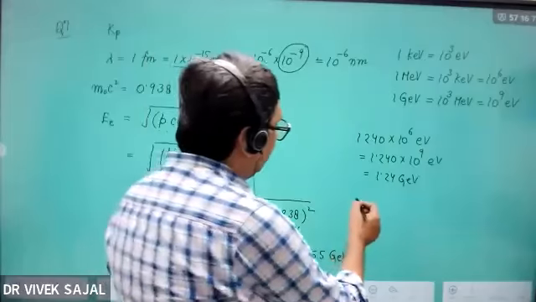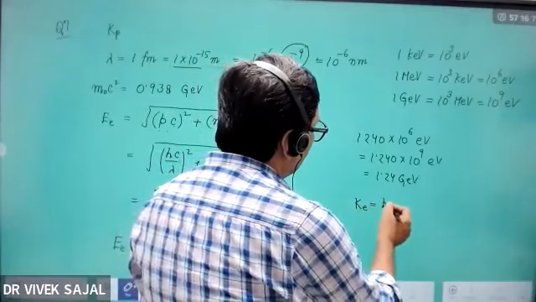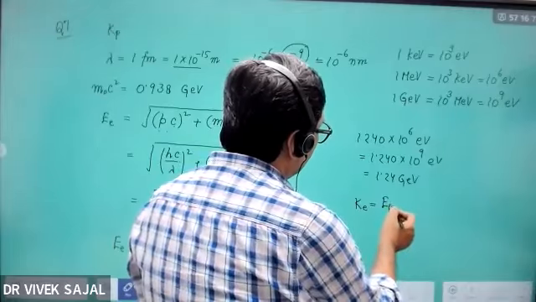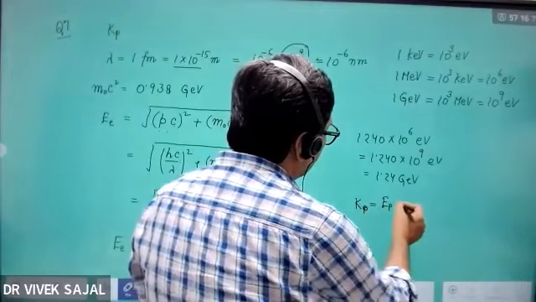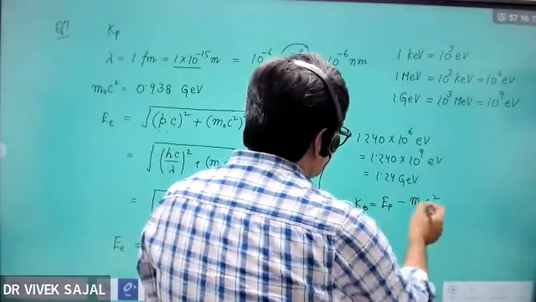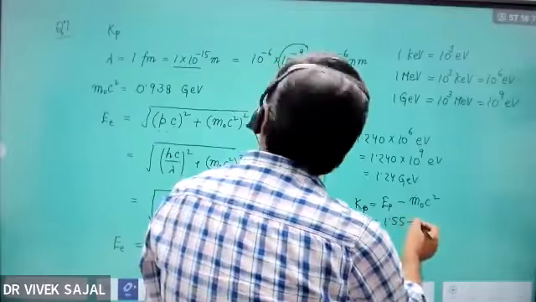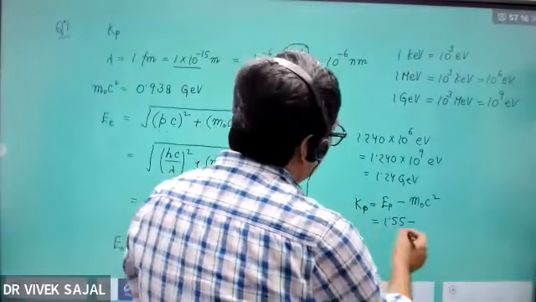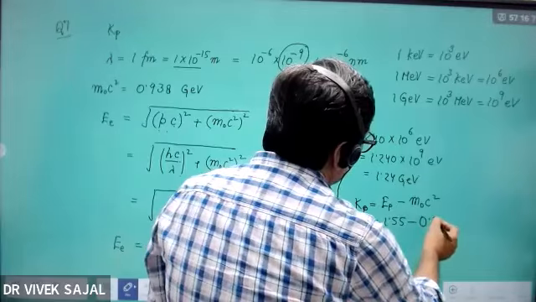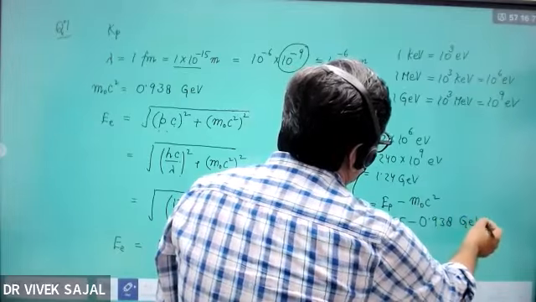This is the total energy of the proton. This is not electron, please make it correct. So what will be the kinetic energy? They are asking for kinetic energy. That will be the total energy of the proton minus its rest mass energy. So this will be 1.55 GeV minus 0.938 GeV.